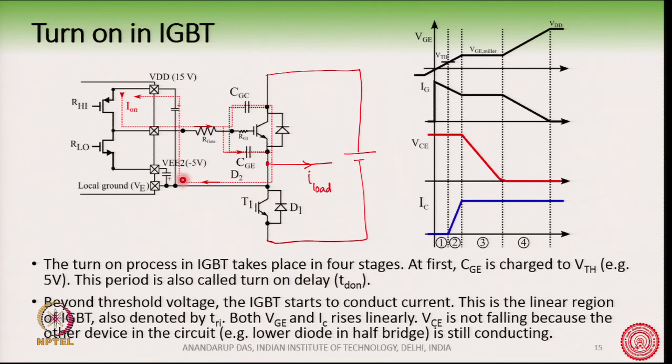So, this is the current flow here when the capacitor CGE is charging up. Of course, it will charge up in an RC time constant, but this RC is so large that we can assume that it is linearly charging up.